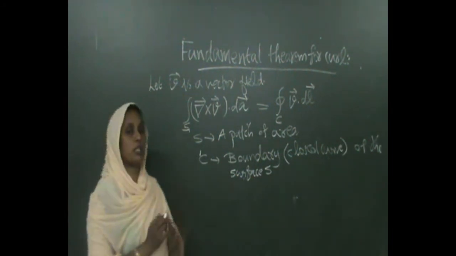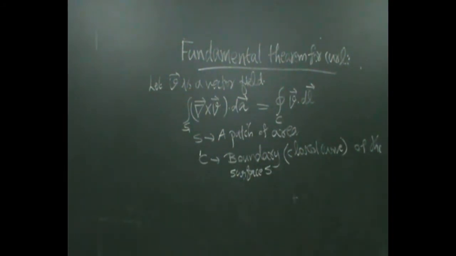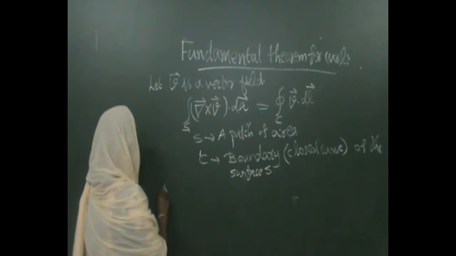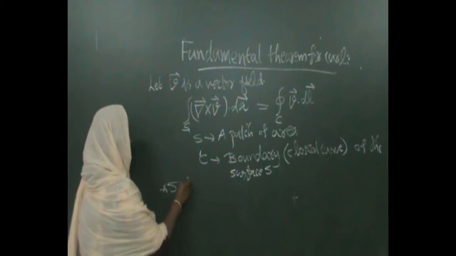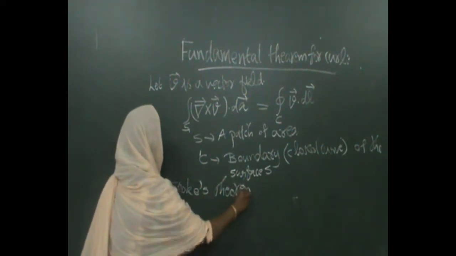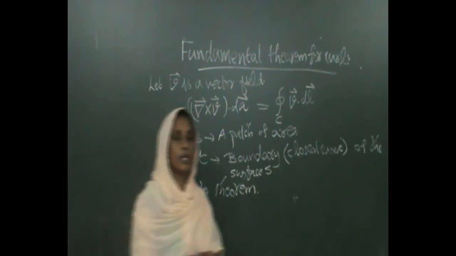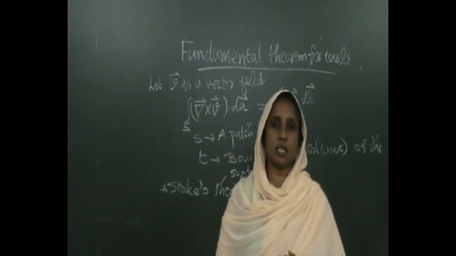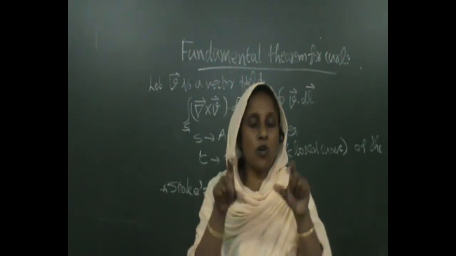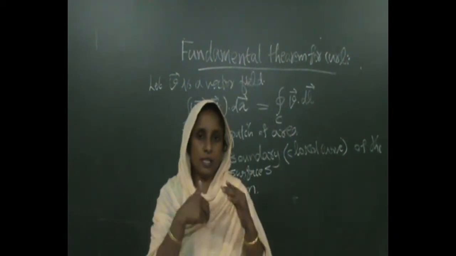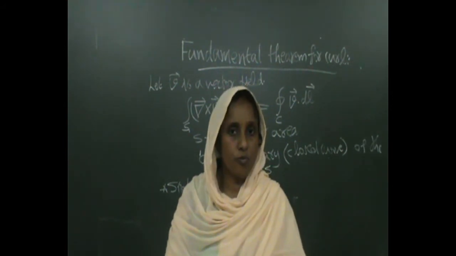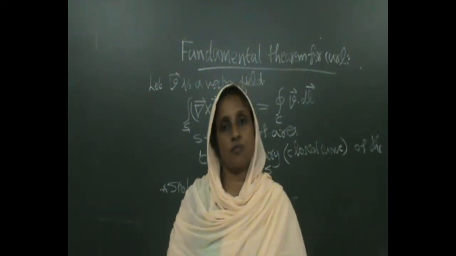This theorem is called the fundamental theorem for curl, also known as Stokes theorem. So the fundamental theorem for curl states that the surface integral of the curl of a vector field is equal to the boundary integral, the line integral, of the vector field itself.